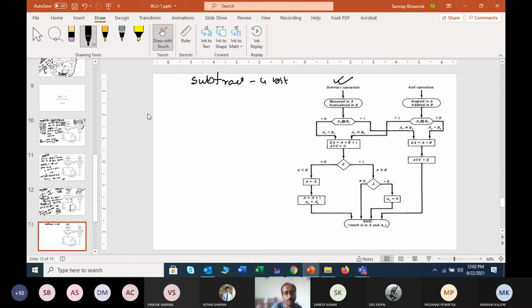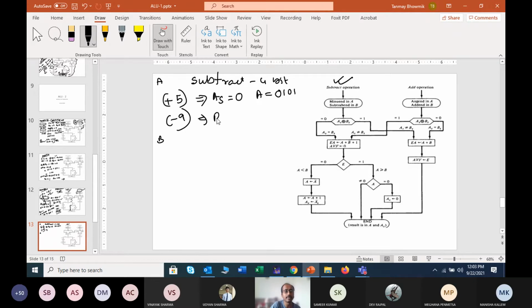So let us first take some simple example, that you are considering the subtraction of plus 5 minus 9. This subtraction we are considering. Okay, so what should be done first? This is your A and this is your B. Your A is now 0, 1, 0, 1.